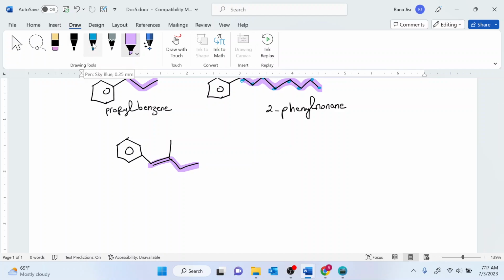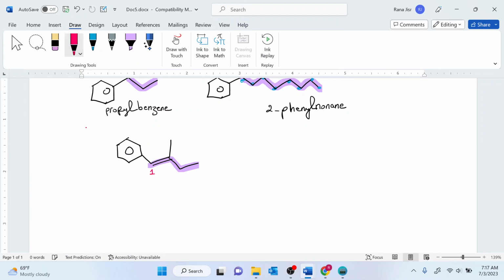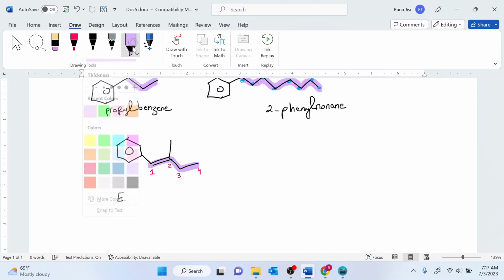Don't forget, there is a stereochemistry around the alkene. You start numbering by giving the double bond the lowest number. So this is going to be 1, 2, 3, and 4. This is an E stereoisomer because you do have your benzene and your ethyl group as a higher priority, and these are on opposite sides. So we're going to go ahead and do E.